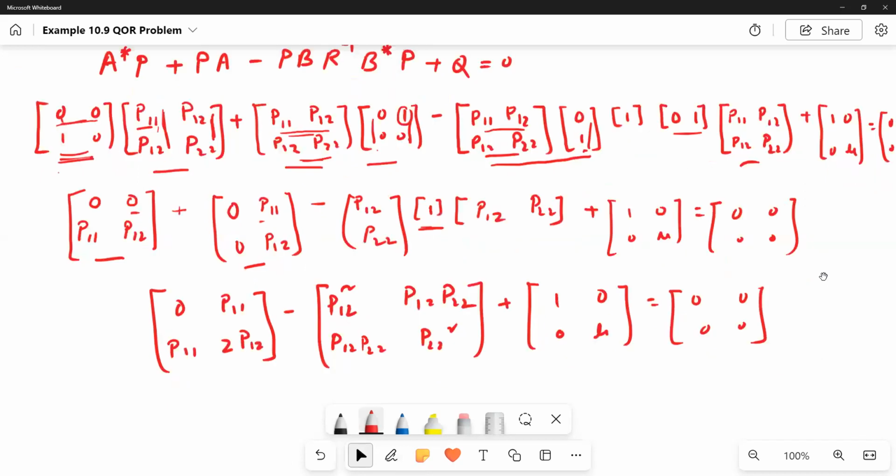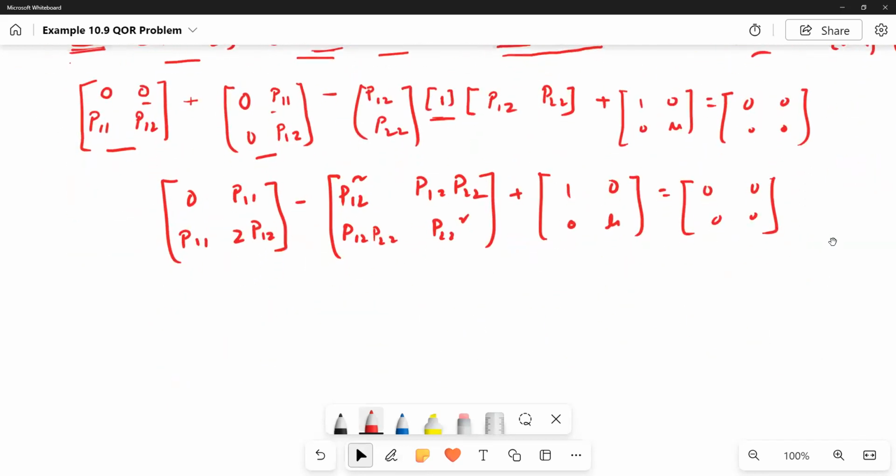So now let's do the final addition. It gives us the first parameter of the matrix as 1 minus P12 square. The second parameter is P11 minus P12, P22.